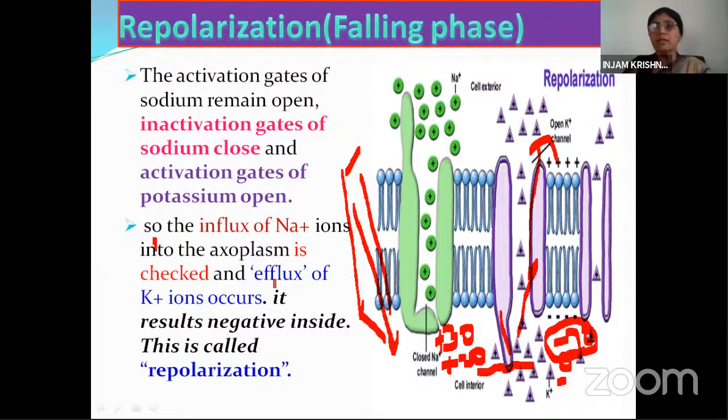Now we can say that the resting membrane potential goes to depolarization, depolarization is followed by repolarization, and repolarization is followed by depolarization. These are the cyclic phases to generate action potential. Are you with me? I think yes.